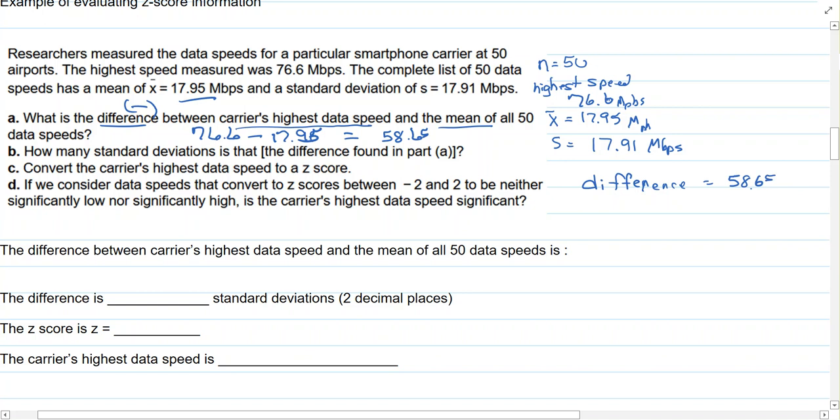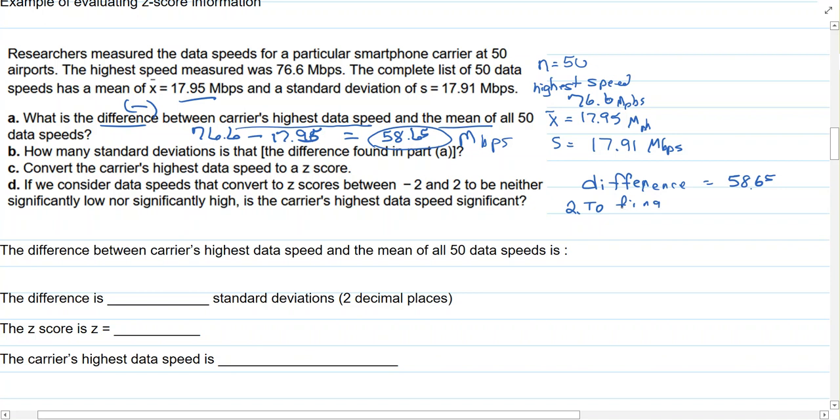Okay. The difference is how many standard deviations. So we want standard deviations. The answer to the first one is that M. Okay. Now, how many standard deviations?